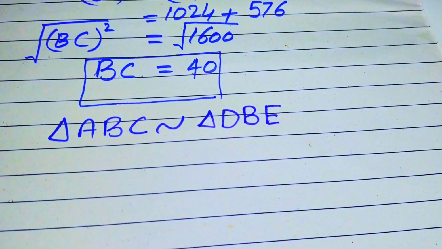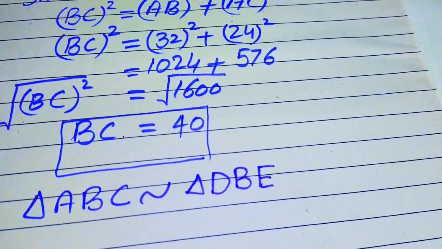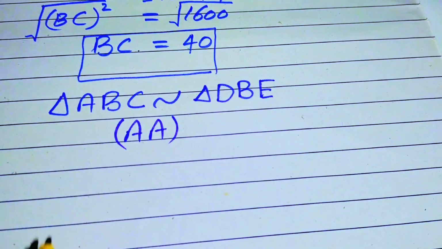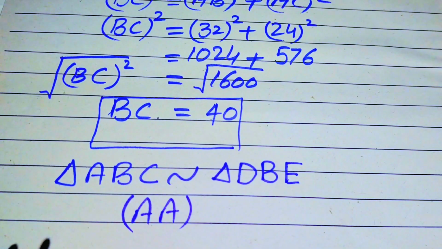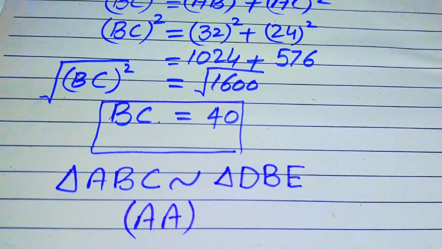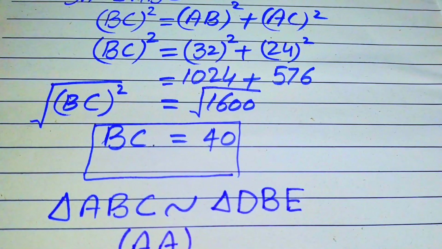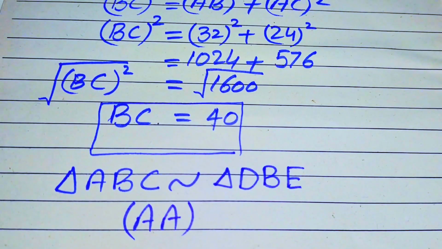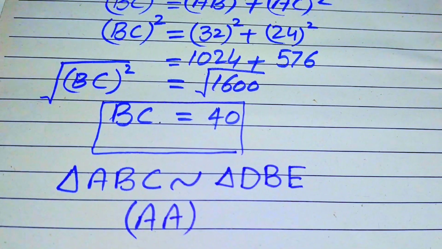So here we use the angle-angle postulate. According to this angle postulate, we equate the ratio of two sides which make the same angle.